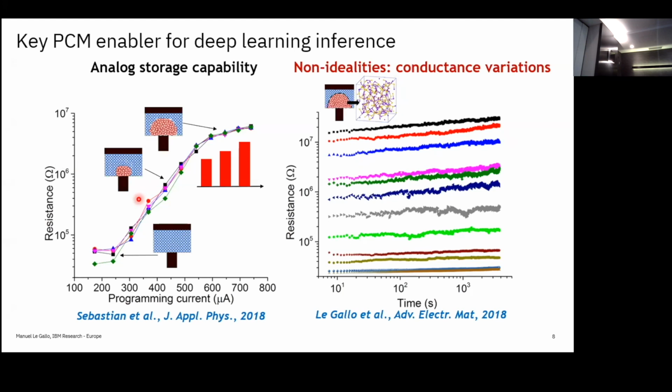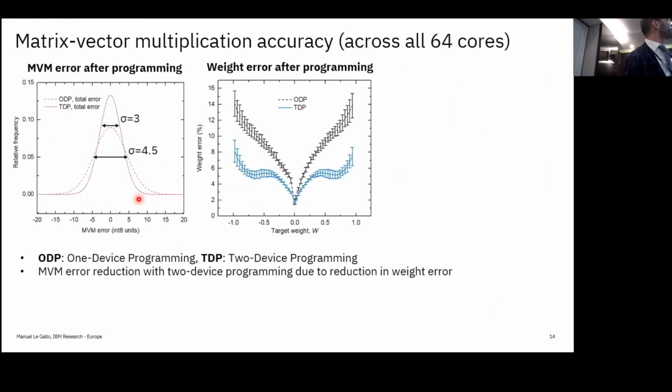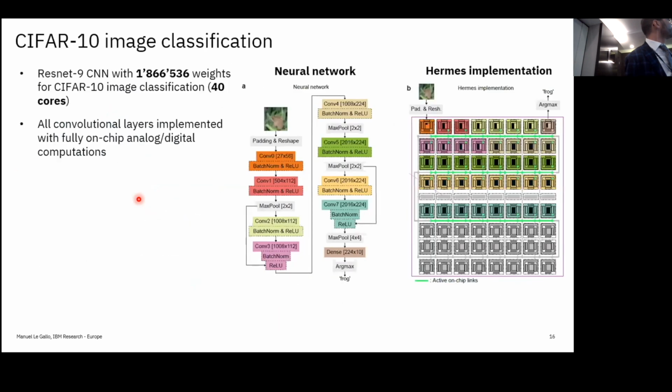How do you define your mapping strategy, say which layer goes to what kind of core? Yeah, that's a good question. Here we did everything by hand because this is just one chip, but now we're in the process of building a full software stack that does this. It will do the mapping optimally and optimize with respect to communication.